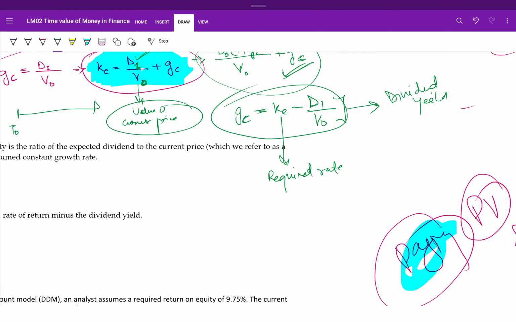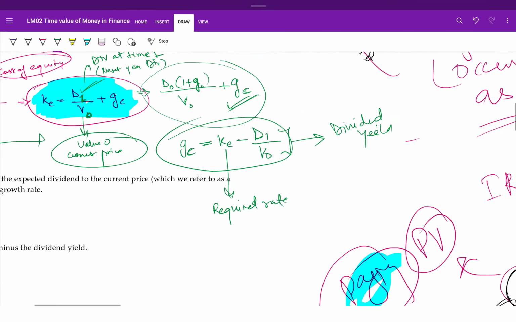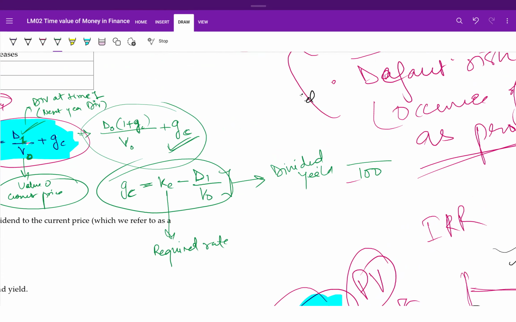Dividend yield means, let's assume that you paid $100 for something, and the dividend next year is going to be $15.